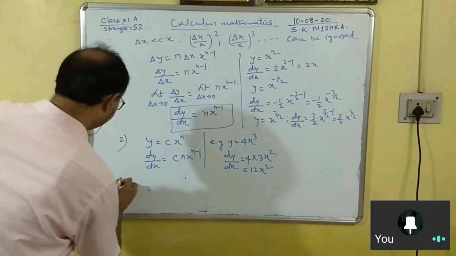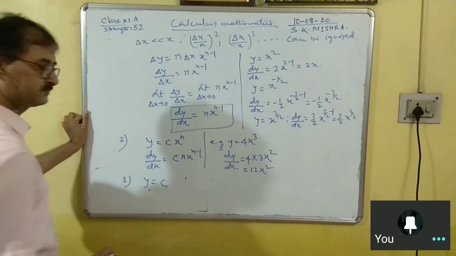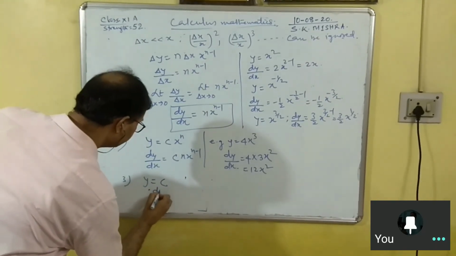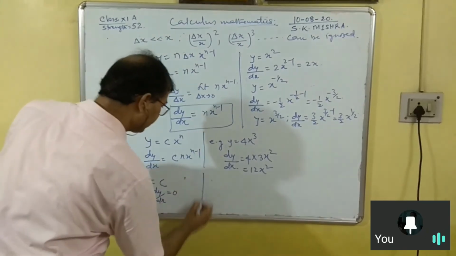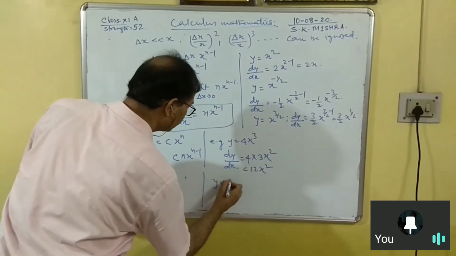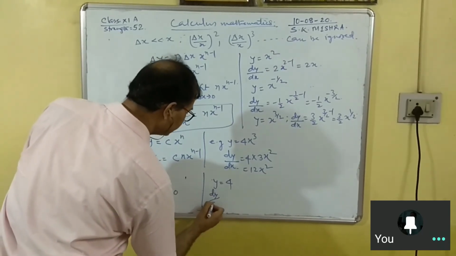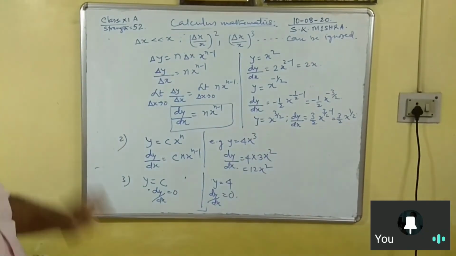Similarly, if y is equal to a constant only, no x, then dy by dx is 0 only. For example, if y is equal to, suppose, 4, then what is dy by dx? dy by dx is 0. Then it is a constant.